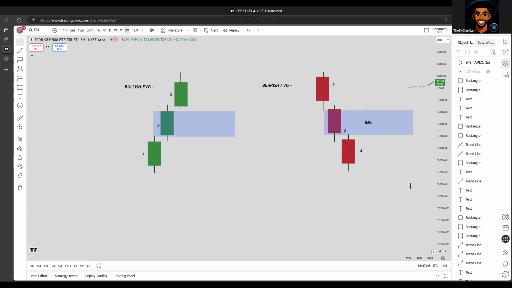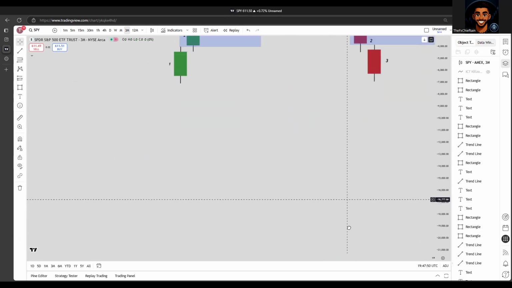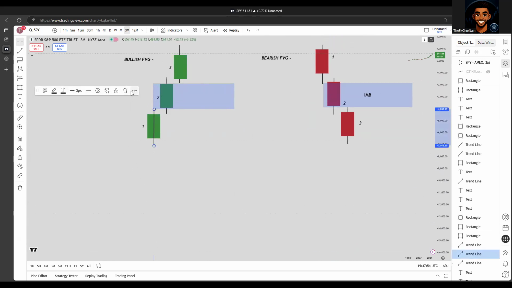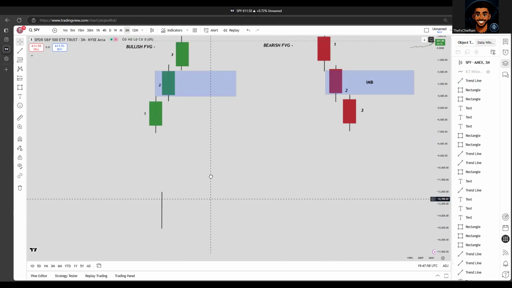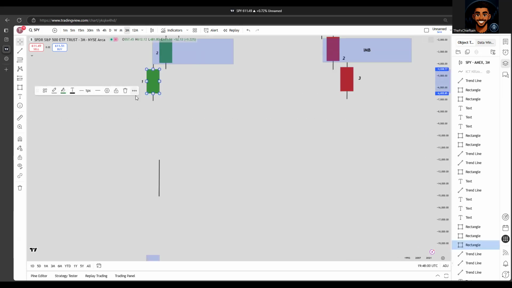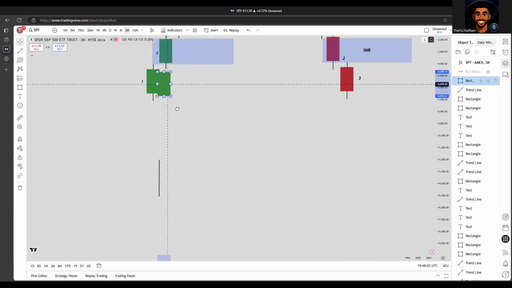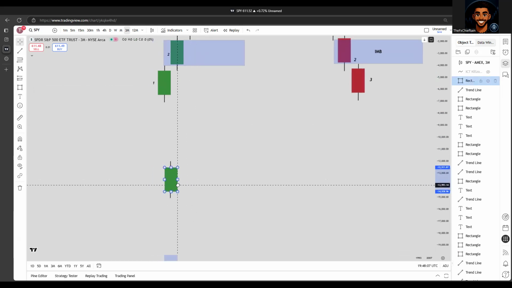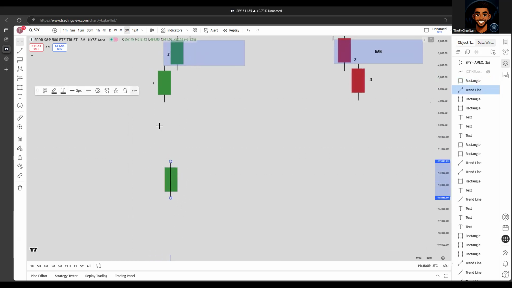If you are going to use this with an order block, you would always see something like this. Just going to clone this guy again. Right? Clone this guy too. They're going to use it as an order block. Normally we see something, actually we see something like this.